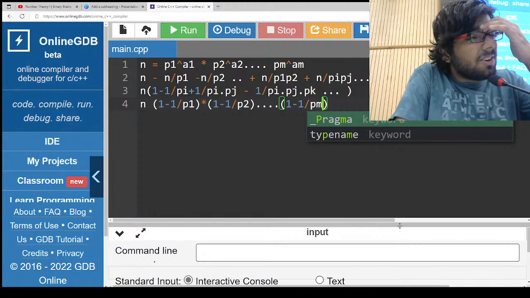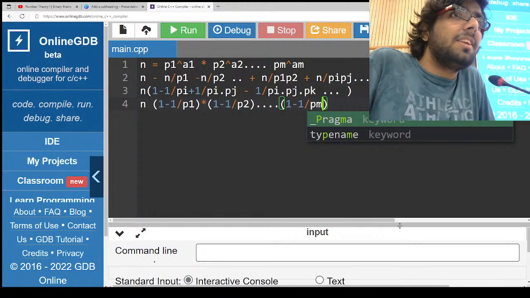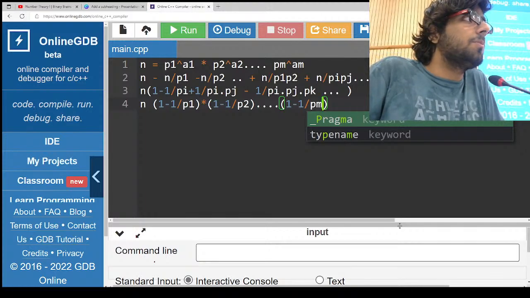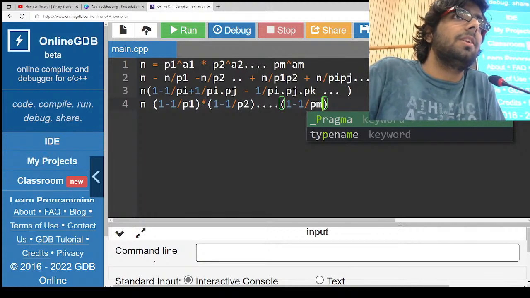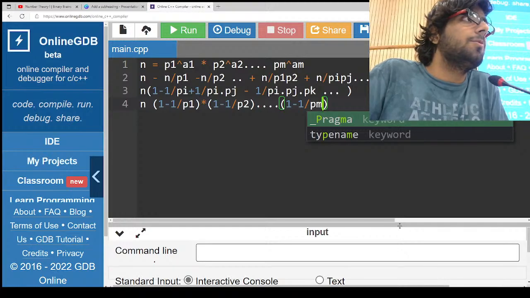Talking about the complexity of sieve, does anybody have the proof of how the complexity of sieve is n log n? Can anybody prove?